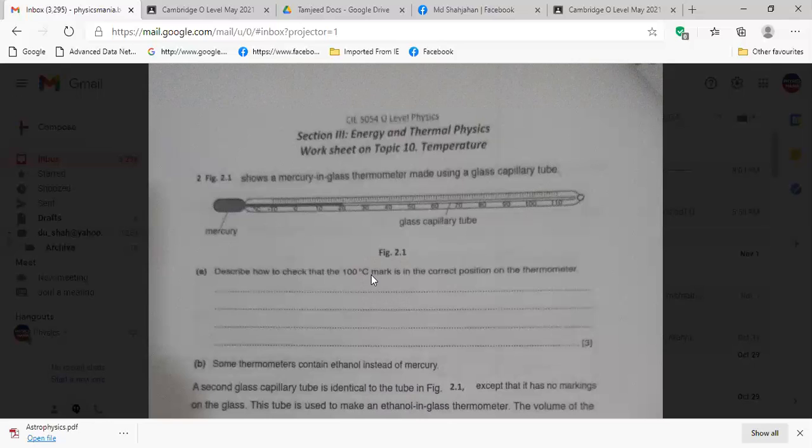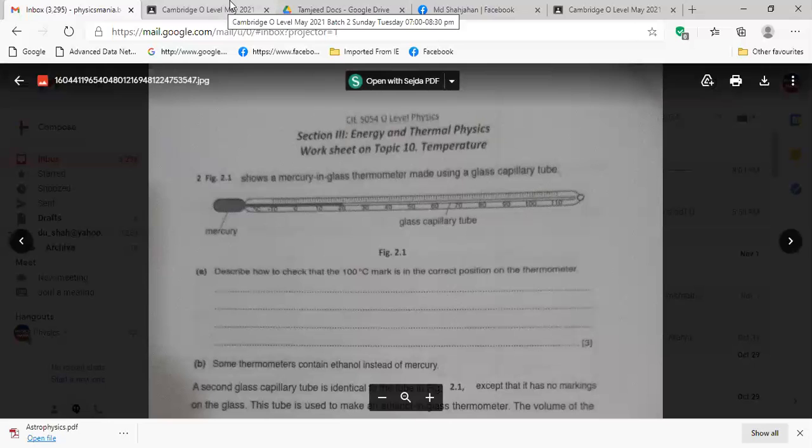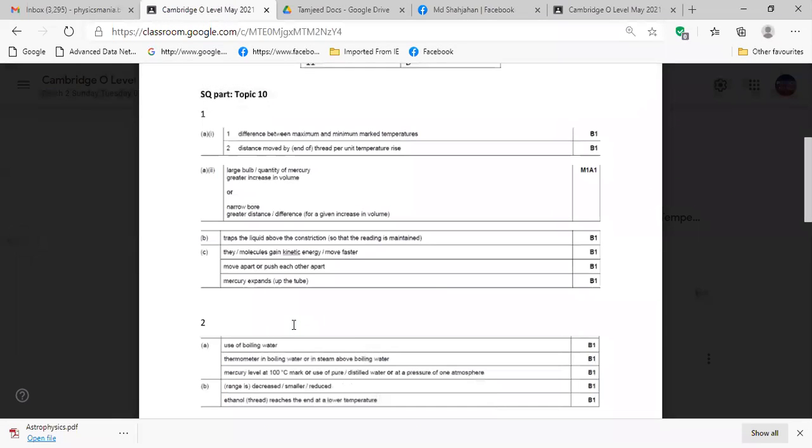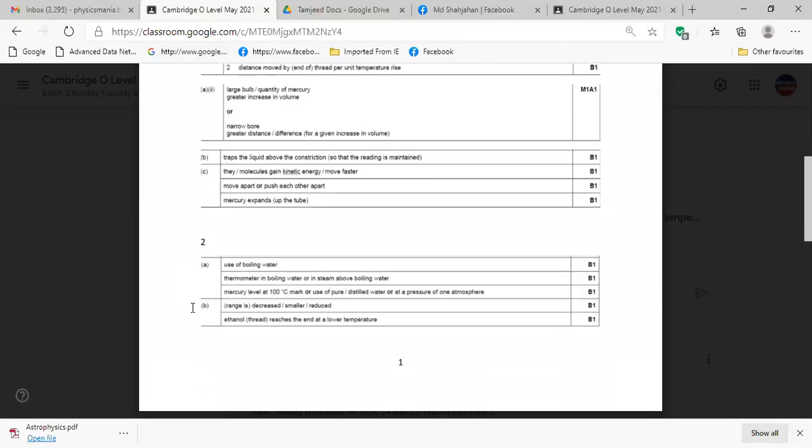Is it clear? Yes. So write it. See the three steps. Use of boiling water, thermometer in boiling water, the one we just told. The mercury level at 100 degrees Celsius mark.